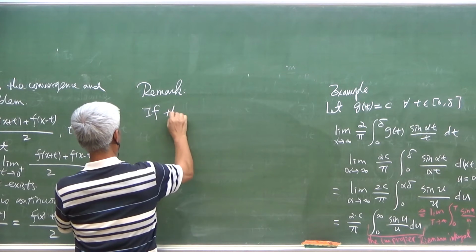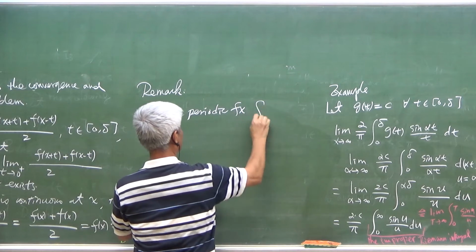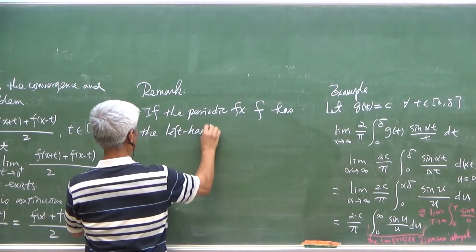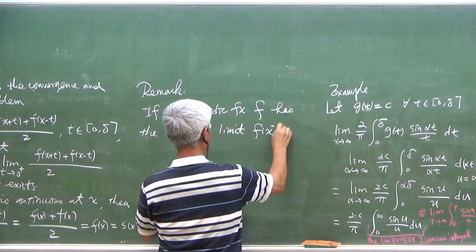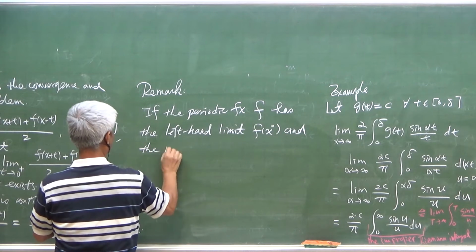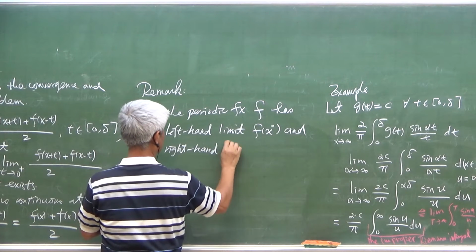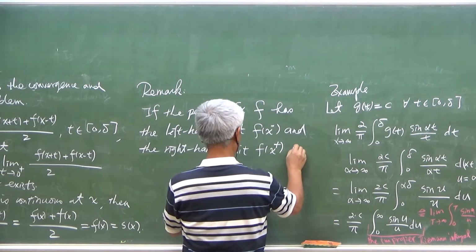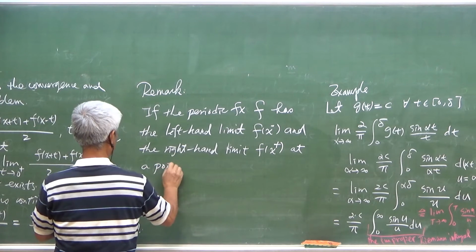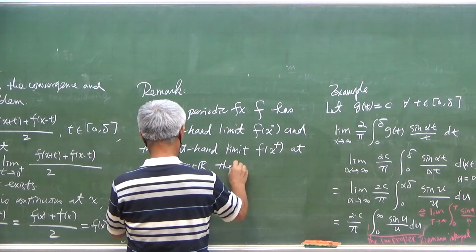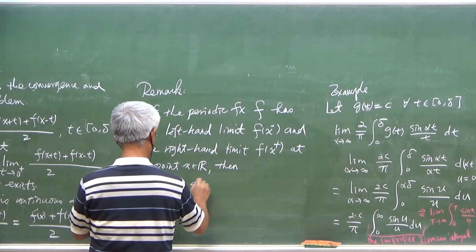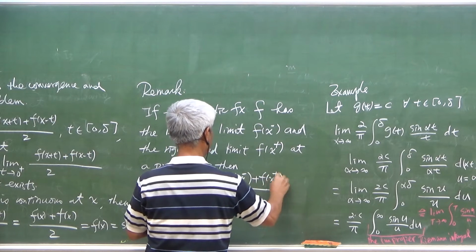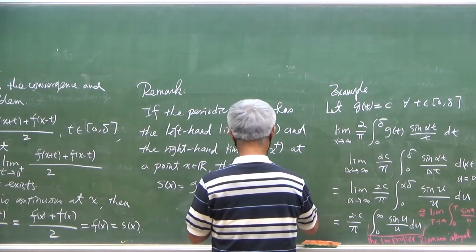If the periodic function f has the left-hand limit, called f(x-), and the right-hand limit, f(x+), at a point x in R, then we know s(x), defined by this one, is equal to the average of the left-hand limit and the right-hand limit.